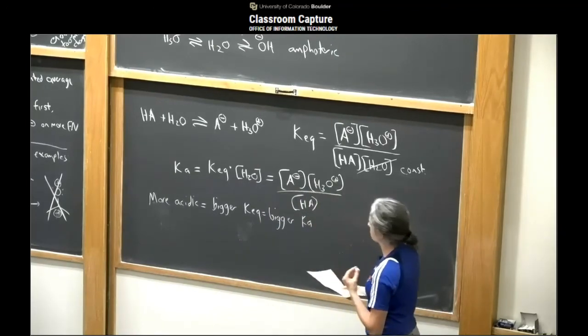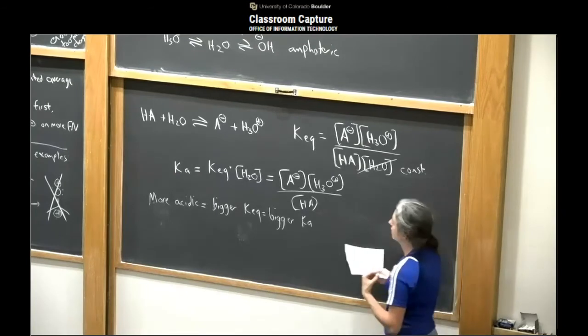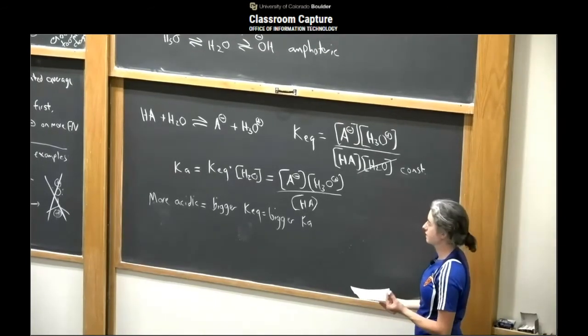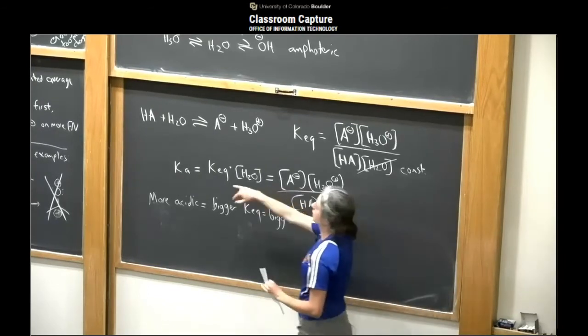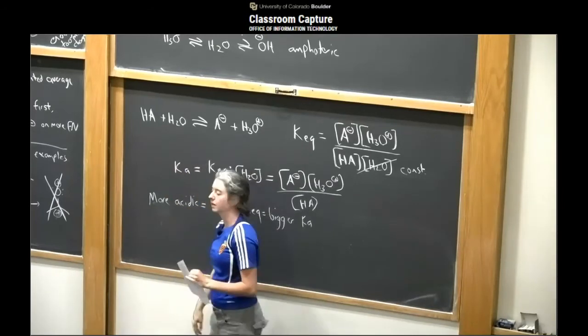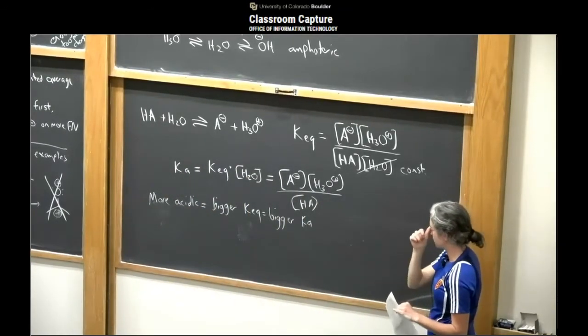So more acidic, bigger Keq, bigger Ka. Problem is that the acids that we're going to see cover such a huge range in strength. Like some of them more or less go exclusively to products. Some of them more or less stay exclusively over here. So we're going to cover orders and orders of magnitude difference in where Ka could be.